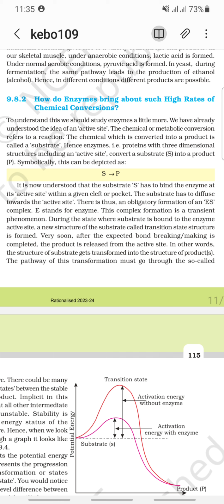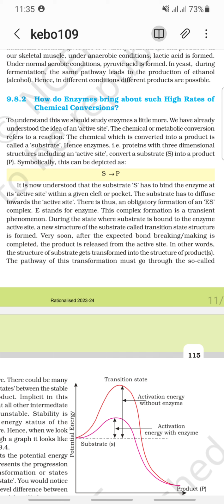It is now understood that the substrate S has to bind the enzyme at its active site within a given cleft or pocket. The substrate has to diffuse towards the active site. There is thus an obligatory formation of an ES complex for enzymes. This complex formation is a transient phenomenon, during which the substrate is bound to the enzyme's active site. A new structure of the substrate called the transition state structure is formed very soon after the expected bond breaking and making is completed.